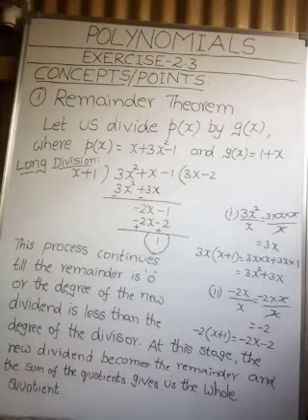First step, here we have to follow these steps. The first step is we have to write the divisor and dividend in the standard form. What is meant by a standard form of a polynomial? The standard form means we have to write the terms in the descending powers of x.